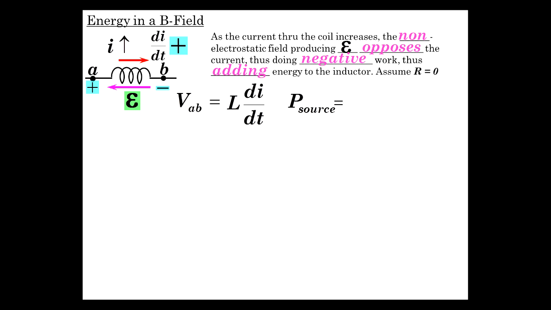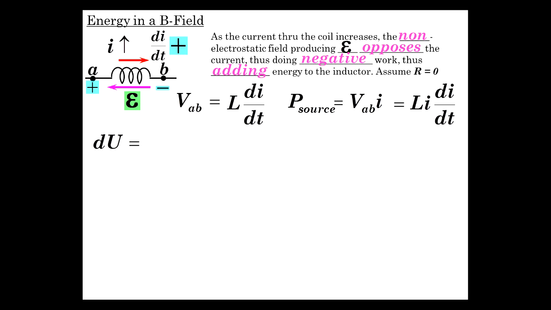Now the power of the source that's delivering current, that current is increasing. This is across the source, so there's V, the voltage VAB, times the current. That's all it is. VAB times I, and that's then L I dI/dt. So there's the power being delivered to the inductor.